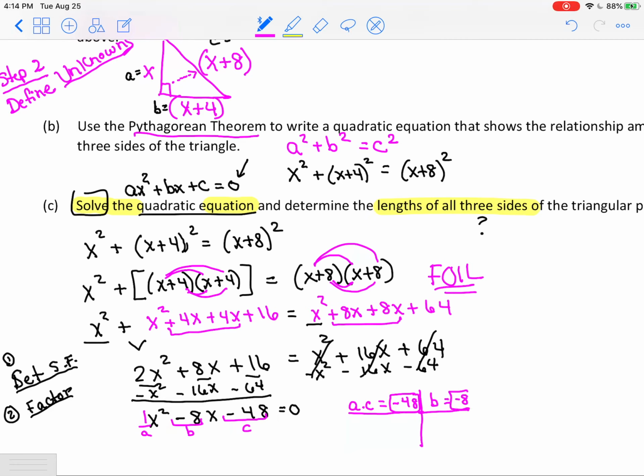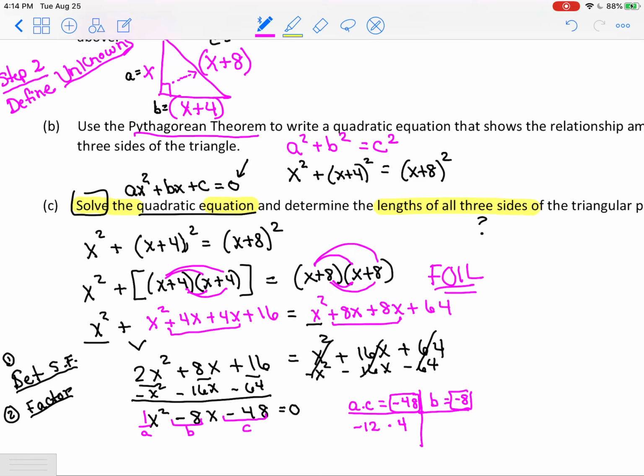So I have a negative product and a negative sum. Well, the only way for me to get a negative product is going to be a positive and a negative. So I'm going to be thinking of factors that are positive and negative, and that would give me a negative 8. So I'm thinking negative 12 times 4.